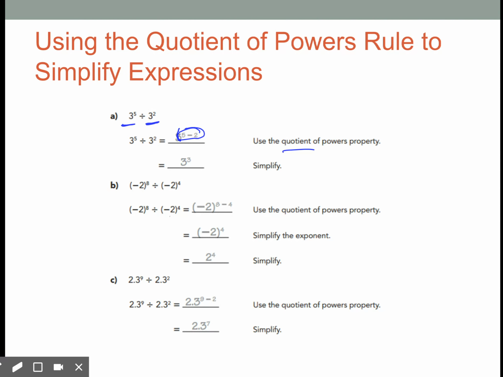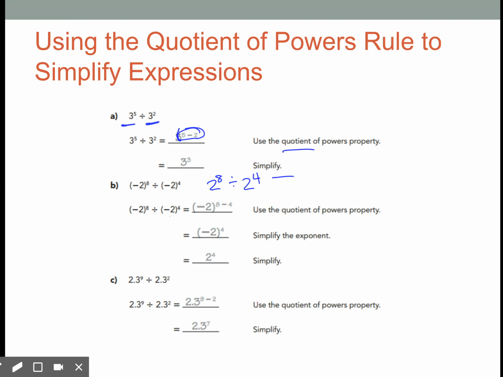Letter B here, negative 2 to the 8th power divided by negative 2 to the 4th power. Remember that because we have even exponents here, you could have already changed this to 2 to the 8th power divided by 2 to the 4th power if you wanted to. Simplify that to make it positive at the start.